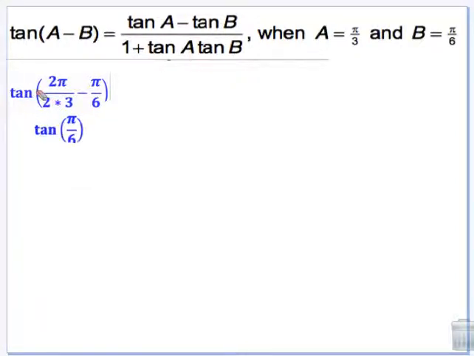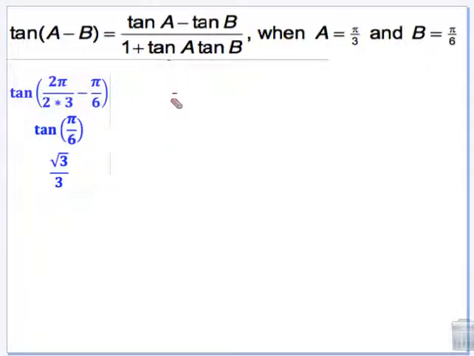Get common denominators, do the subtraction, and for this one you would have tangent pi over 6, and you look at your trig table and you get the square root of 3 over 3.